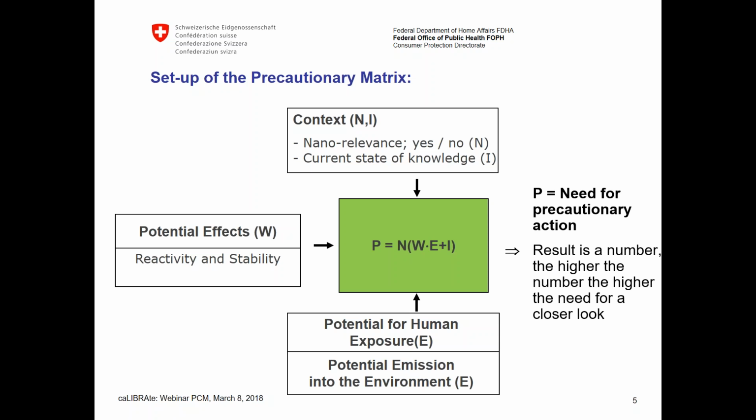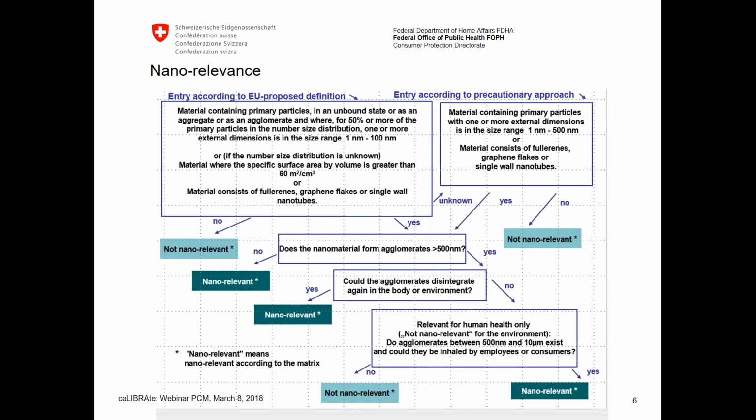So here is the module about the nano-relevance. It has 2 different entry gates to the precautionary matrix. One, as you probably know, is the proposed EU definition from 2011: 50% or more of the primary particles in the size range between 1 and 100 nanometers.